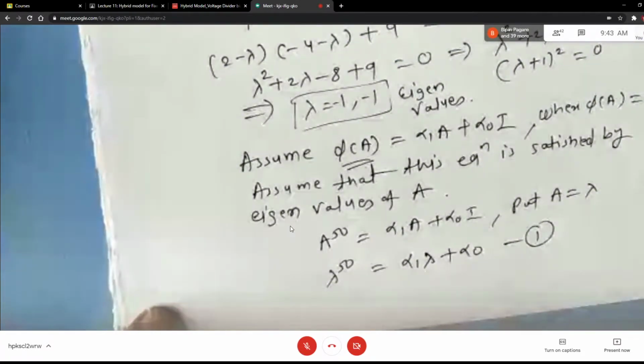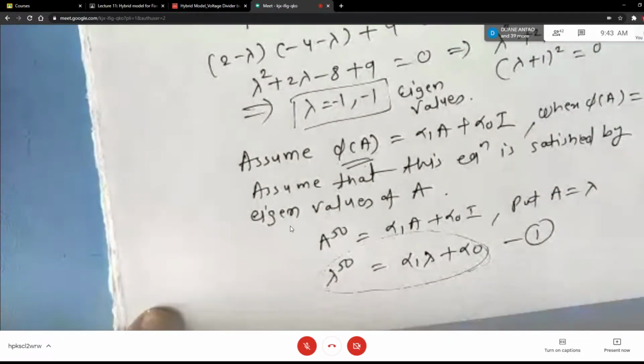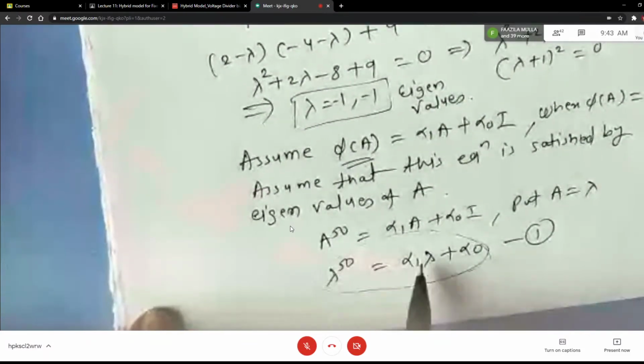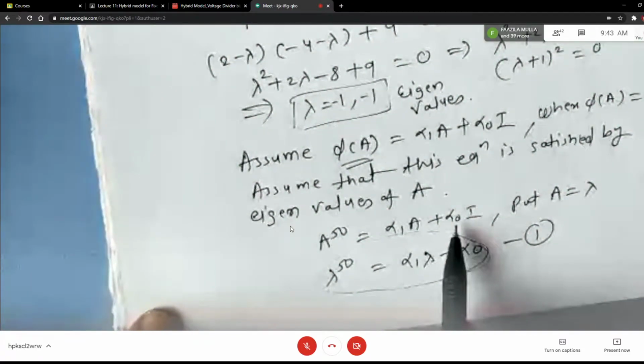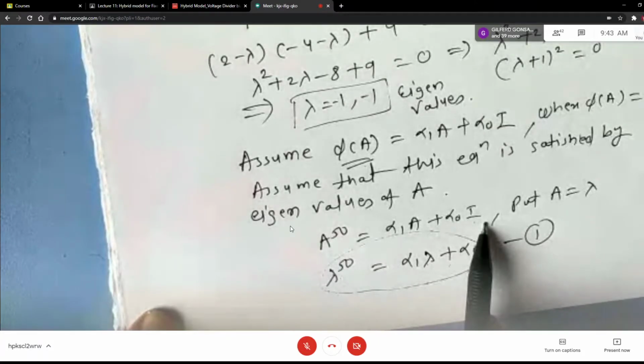Now, if you observe these two equations, it is exactly the reverse case of Cayley-Hamilton theorem, students. In Cayley-Hamilton theorem, we get this first, right? That is your characteristic equation. And then we say that this equation is satisfied by matrix A. So, wherever there is lambda, we replace it by A and we don't forget to multiply the last constant by I, because this whole equation should be a matrix equation.